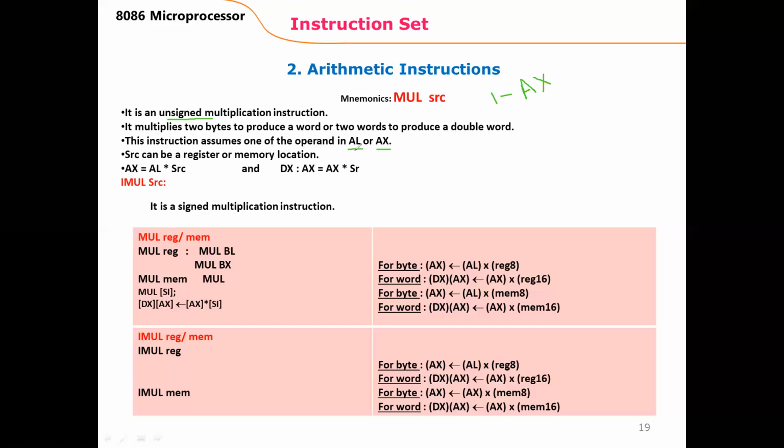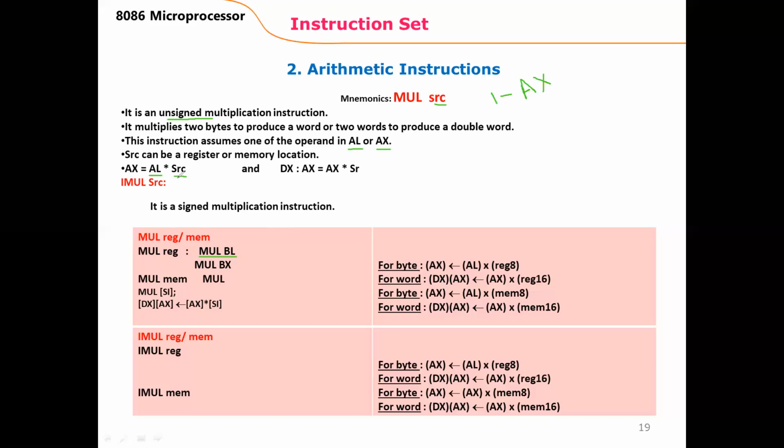AL is the 8-bit register. And another operand, second operand, is stored in this source. For example, if we say MUL BL, means one operand is stored in AL and another operand is stored in BL.